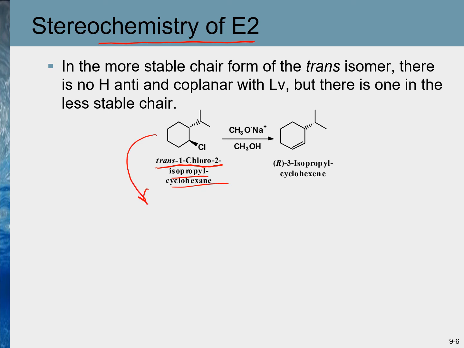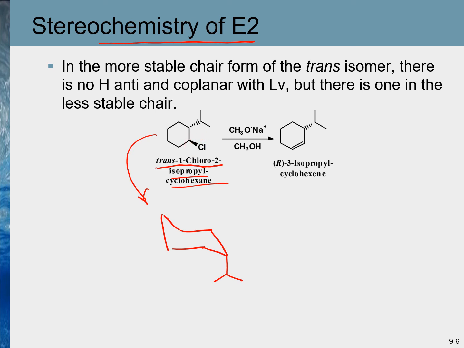So in this case, the isopropyl group is below the ring because it's at this position and it's away from the viewer, so it's below the ring. So we will draw it at axial position, and the chloro group is towards the viewer, so it's above the ring.